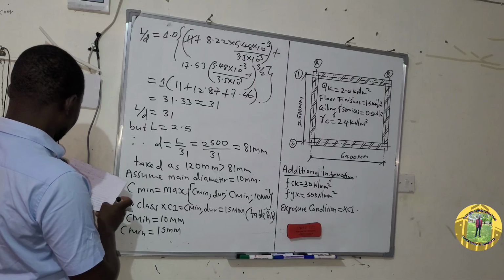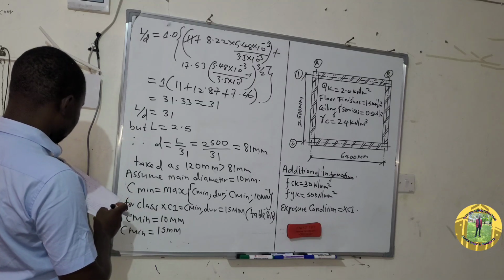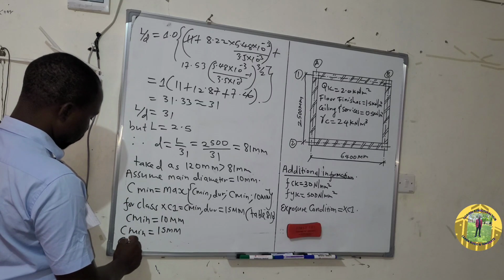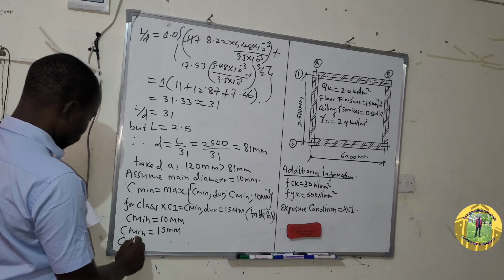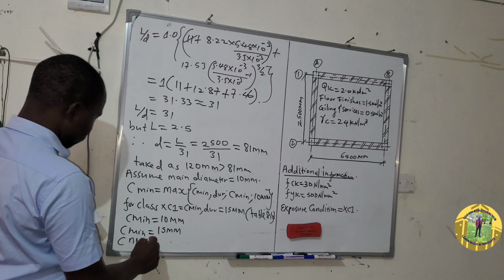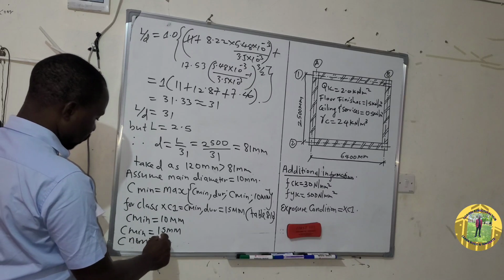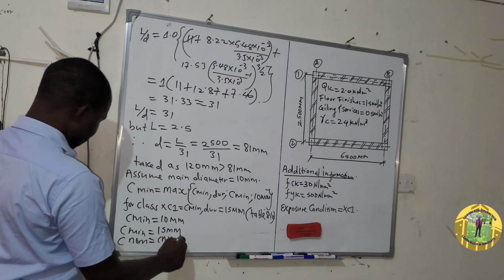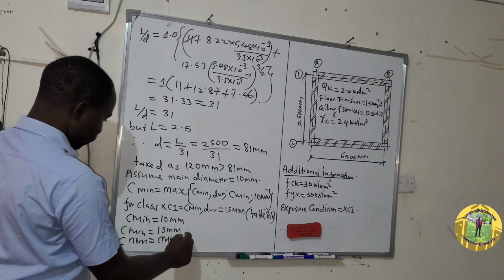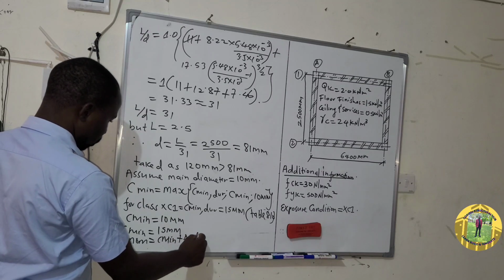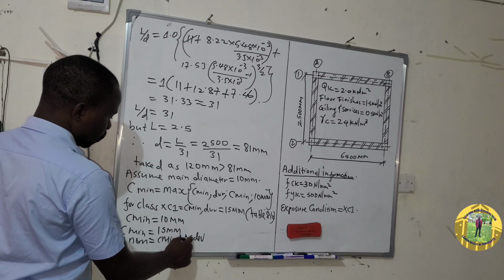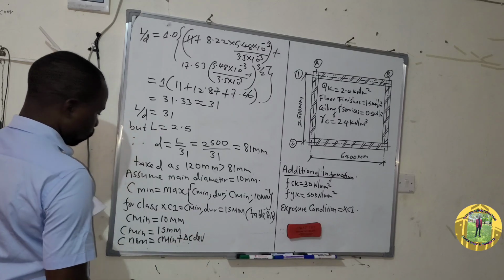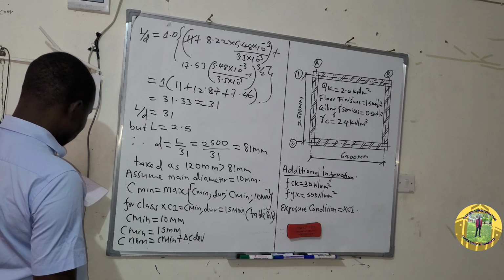So nominal cover to reinforcement is given by C minimum plus the deviation cover, which is 10 millimeters.